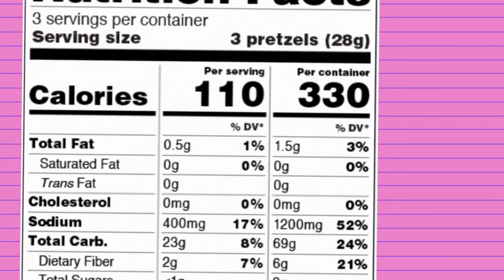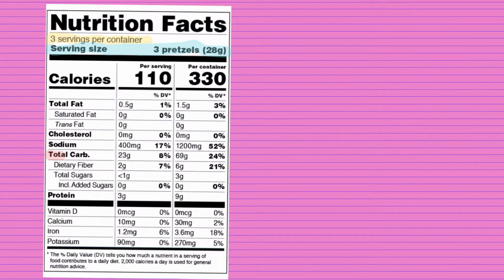Remember, the first thing I want you to look at is this top half, which shows us that there are 3 servings in the bag of pretzels. And then the serving size tells us what 1 serving is. So it's 3 pretzels. And then the last thing we wanted to look at was that total carb count.